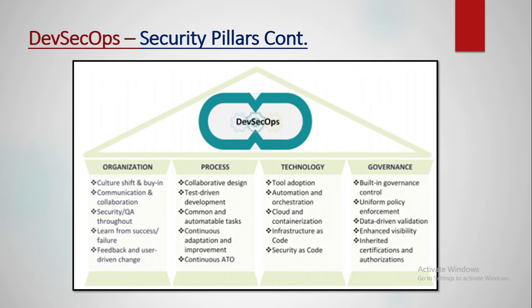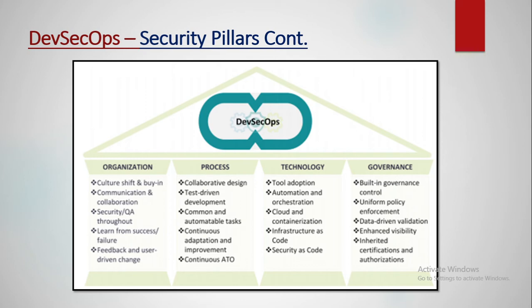Under the process security pillar, collaborative design, test-driven development, common and automated tasks, and continuous adaptation and improvements can be taken as security areas that need concern.